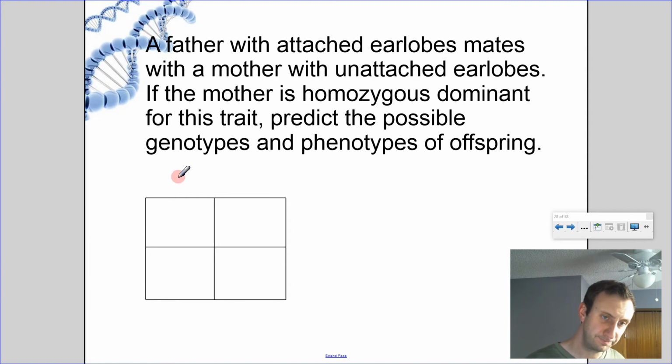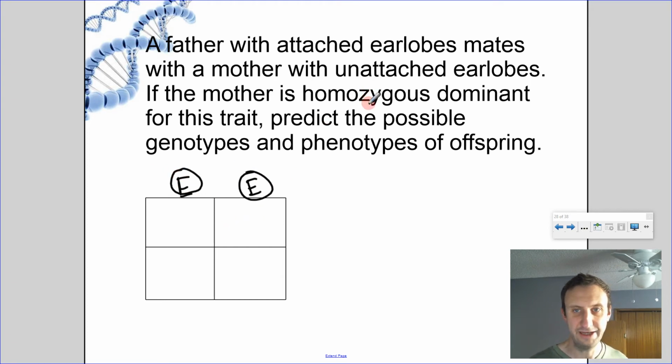So mom is capital E, right? Homozygous dominant. And dad has attached earlobes. So he's lowercase e. He's homozygous recessive.